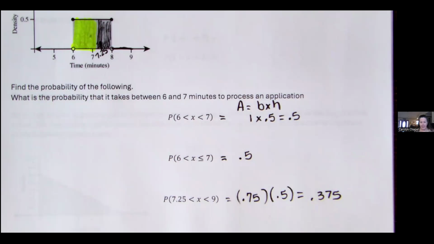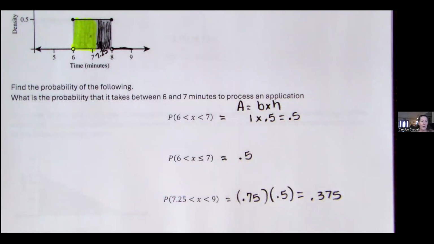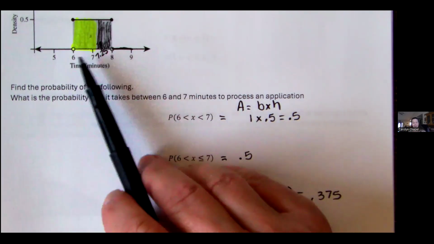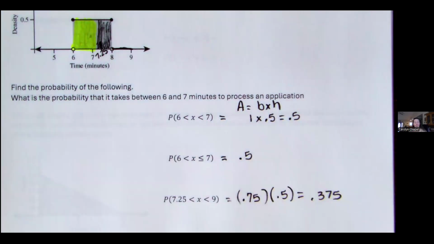So the probability that it's going to take from 7.25 to 9 minutes is 0.375. We could have asked, what's the probability it's going to take more than 8 minutes? The answer would have been 0, because we know it's going to take somewhere between 6 and 8. Anything outside of that range has a probability of 0. It's not going to happen.